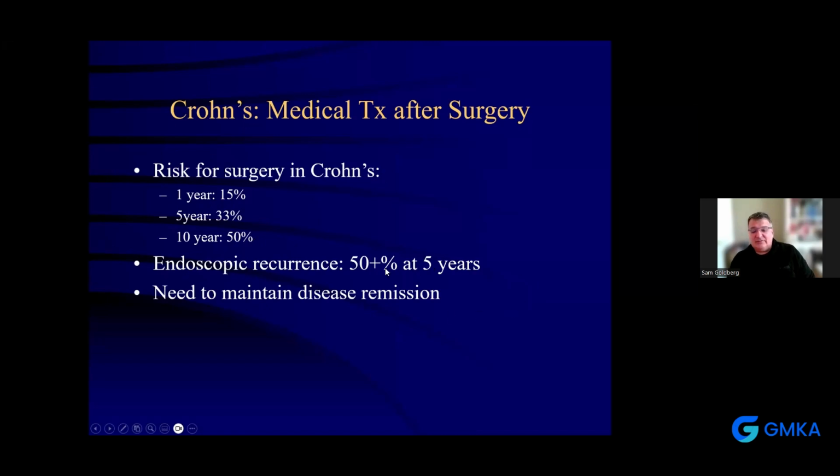At 5 years, 50% of patients will have an endoscopic recurrence, not clinical recurrence. So you need to maintain patients in disease remission. It does 3 things. It lengthens the time to the next surgery, makes them have a better quality of life, and it also decreases the chance of them developing dysplasia. Controlling inflammation decreases the risk of dysplasia.